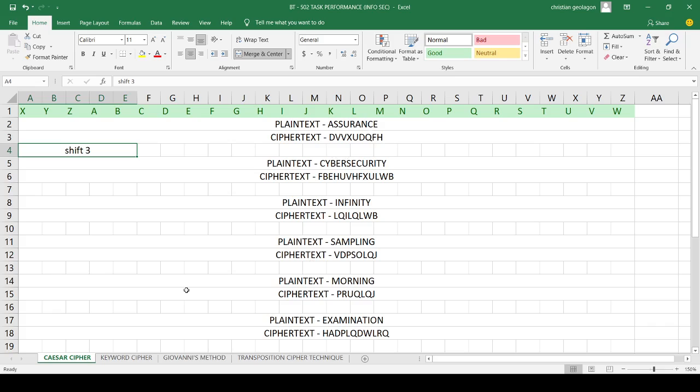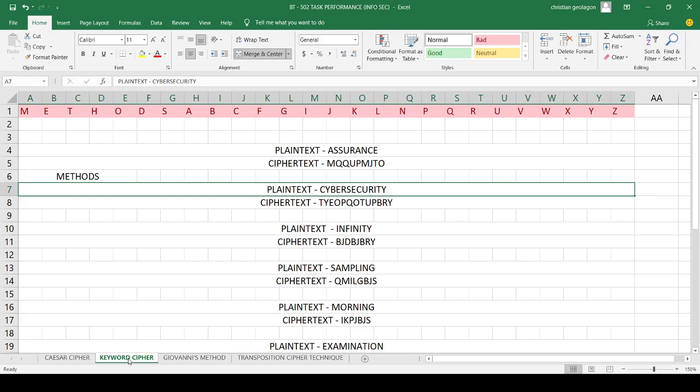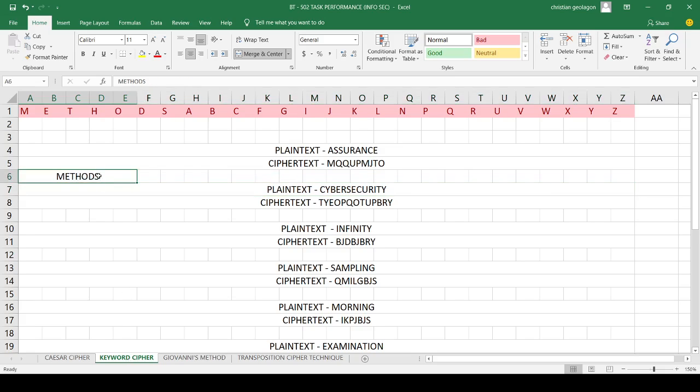So we proceed to the keyword cipher. For the keyword cipher, we need to have a keyword. We use this for encryption. Again we have the plain text, assurance, and the ciphertext, which is the word already encrypted.